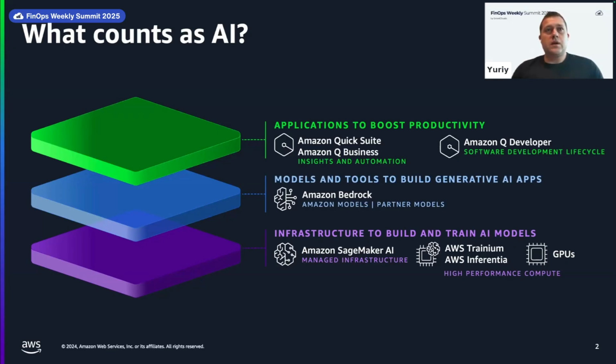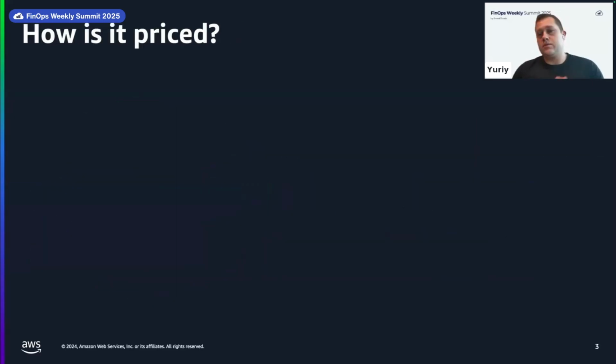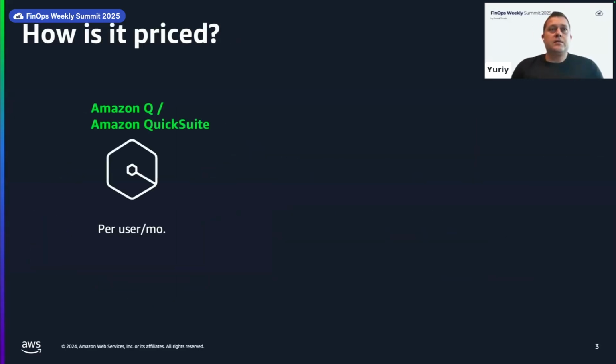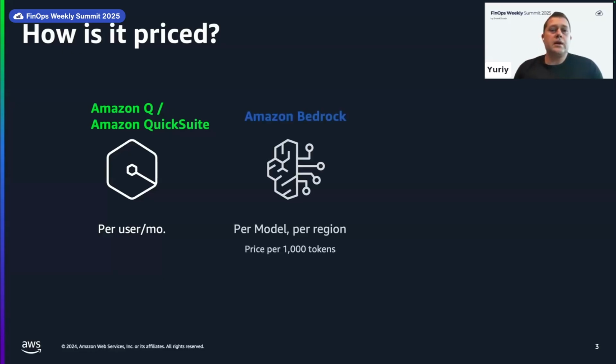So how is Gen AI usually priced? Let's think about this. There are several dimensions. For application-like Gen AI services such as Amazon Q and Quick Suite, the pricing is usually per user per month. Quick Suite also has pricing for storage and indexes, but most of the cost goes per user per month. There are usually no separate prices for tokens.